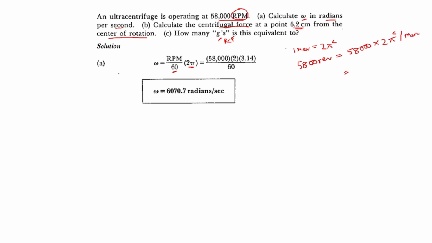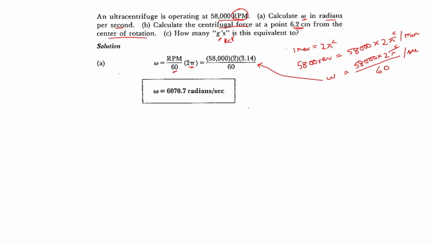Now we want to convert it into radians per second, so we have to divide by 60. So this is radians per second. This is what we get, the angular velocity, which they have calculated here. So the angular velocity comes to be 6070.7 radians per second.